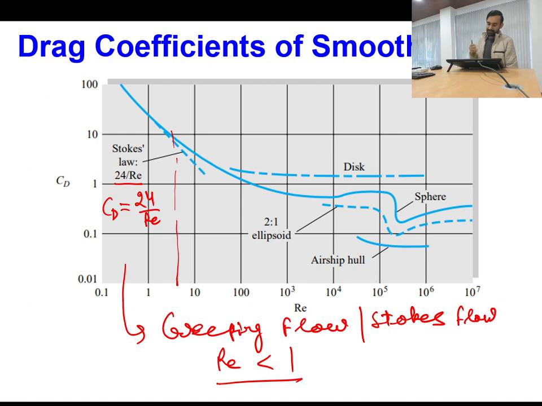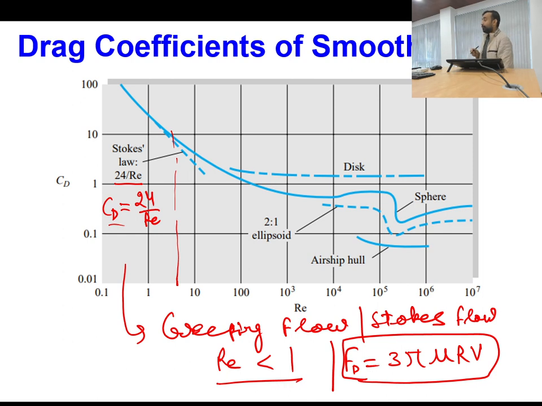If we solve the viscous term and the pressure term, then ultimately we find that CD is 24 by Reynolds number, and the drag force is equal to 3 pi mu R V. This is the drag force for a sphere under the conditions of Stokes flow or creeping flow, when Reynolds number is less than 1.